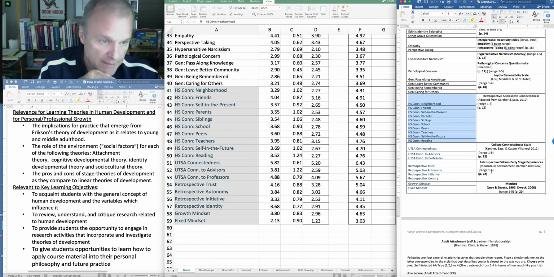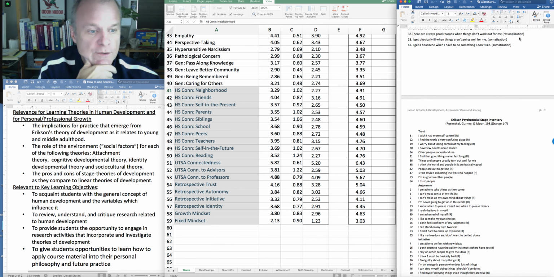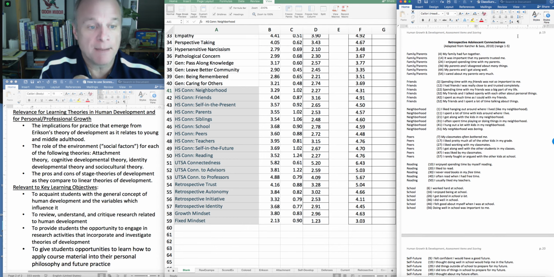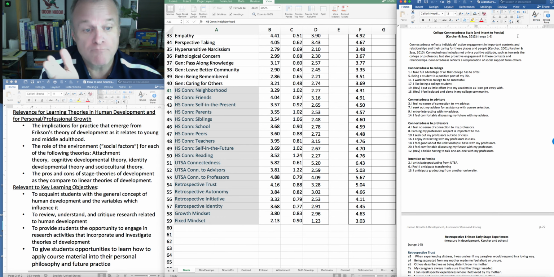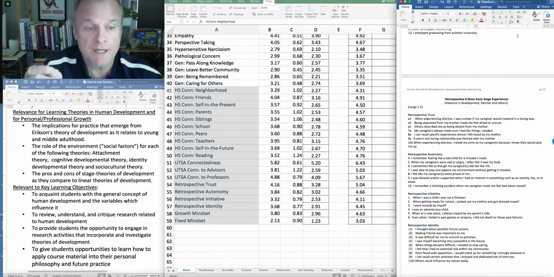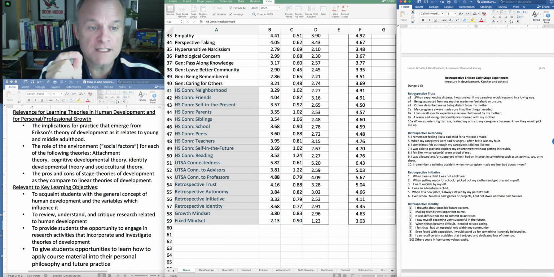So if we look at these retrospective items, at the end of this document on page 22, we will see items we came up with. They may not be the best items in the world, honestly, but they were an attempt to capture when you were young: what were the experiences related to the establishment of trust, or autonomy that you recall or remember from stories you were told about you as a kid, and even initiative.